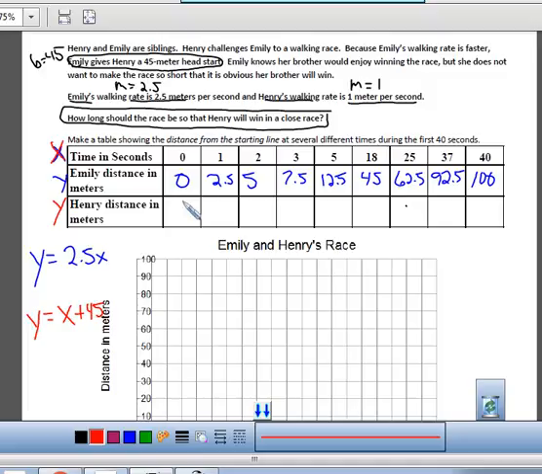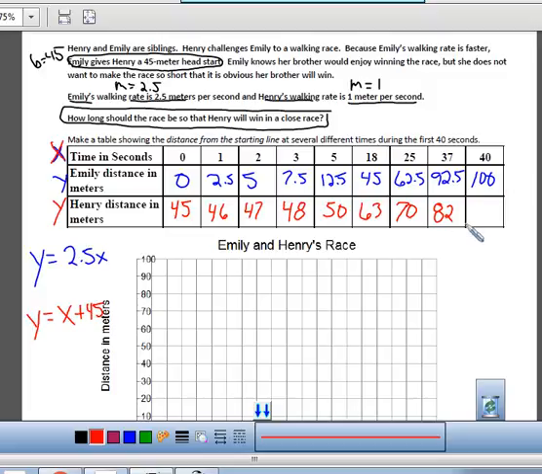So at 0 seconds, he's already at 45 meters. Now, since he's going 1 meter per second, the next one is 46, 47, 48. We skip over 4, so we go to 50, 63, 25 plus 45 is 70. 37 plus 45 is 82.